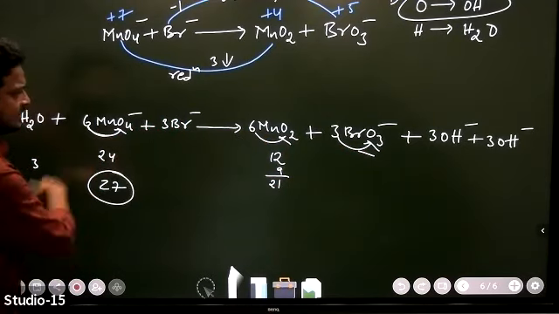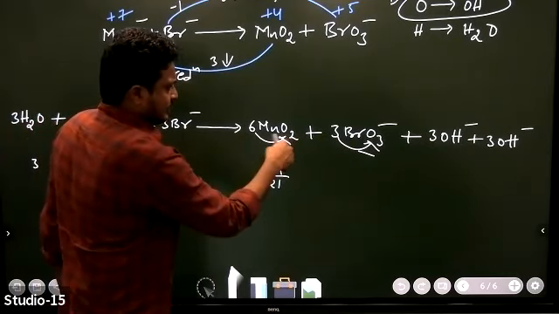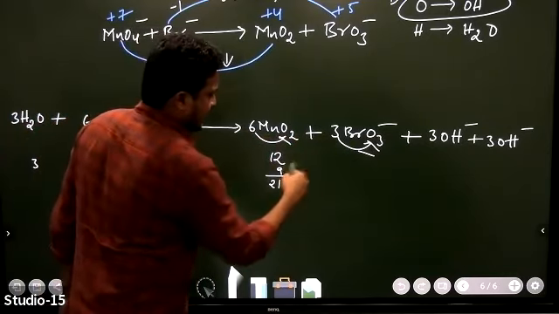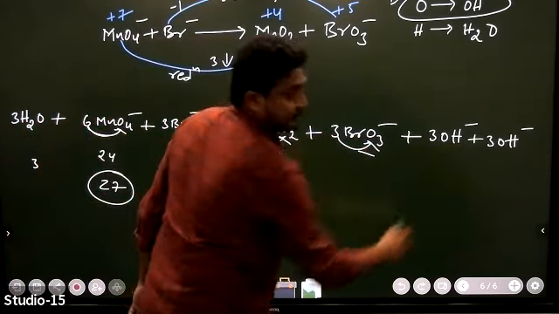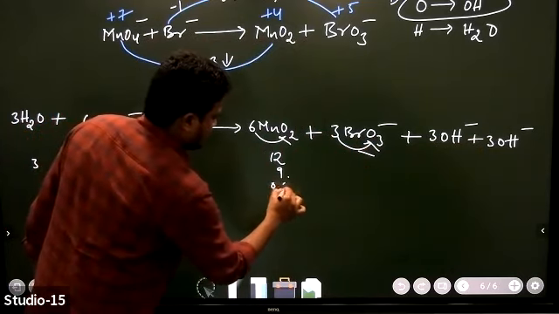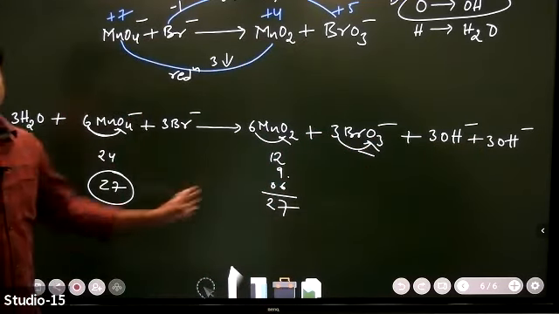On the right hand side, 6 twos are 12, 3 threes are 9, plus 3, that is 27. Yes, 27 oxygens are balanced.